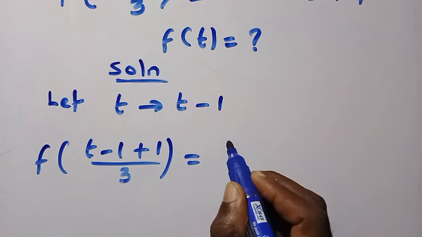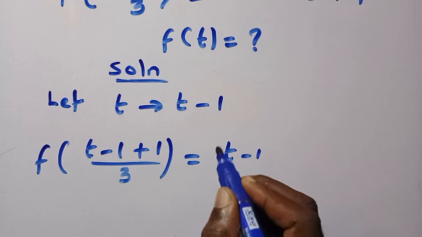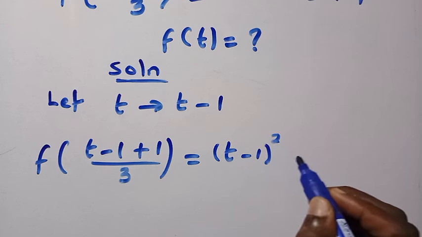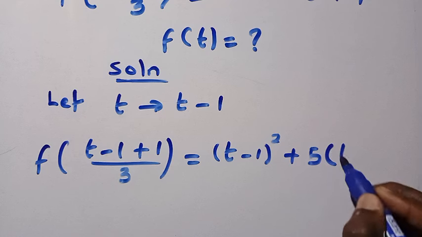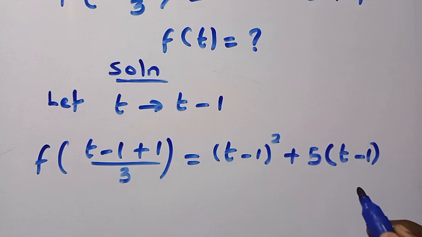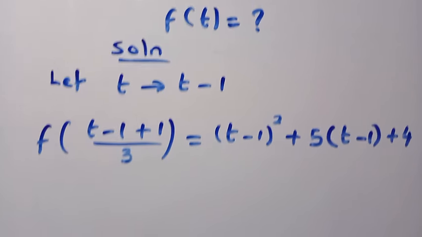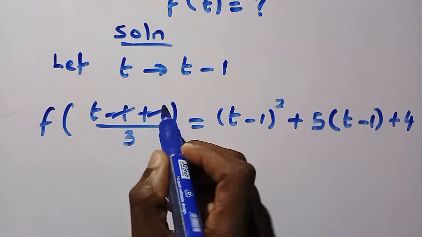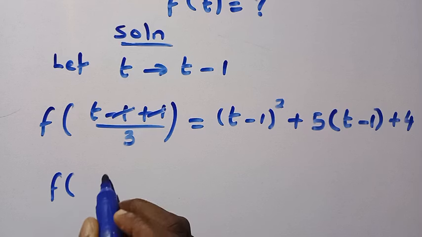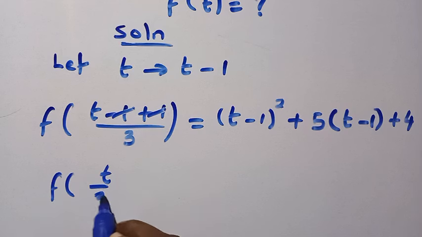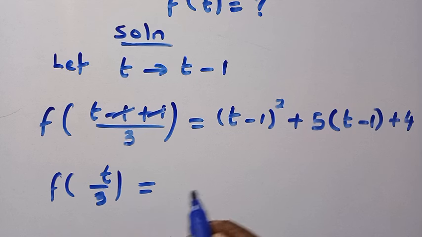Equals, so for t squared, it changes to (t minus 1) raised to the power of 2, plus 5 times the bracket of t minus 1, plus 4. Minus 1 plus 1 cancel each other, and here becomes f of t divided by 3 equals (t minus 1) squared.